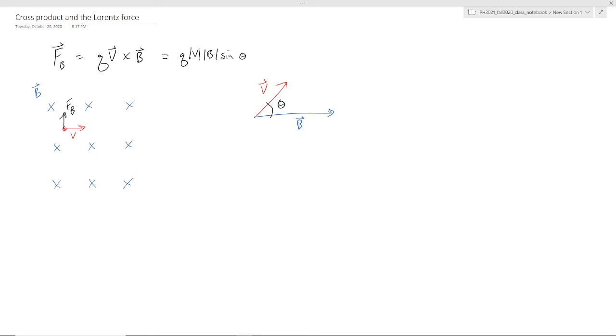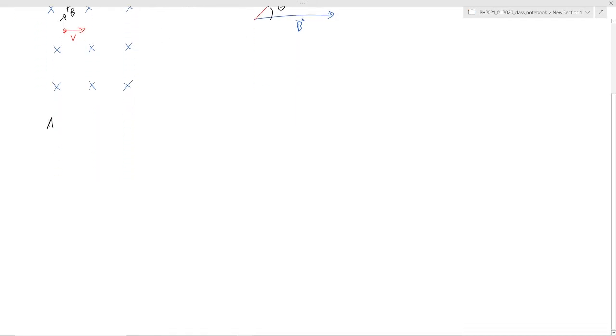So let's look at the cross product for a second. As an aside, this is really a mathematical operation that we have to get up to speed on. Recall that you can specify vectors as components, Cartesian coordinates, and we use the unit vector convention i hat, j hat, and k hat to indicate x, y, and z directions.